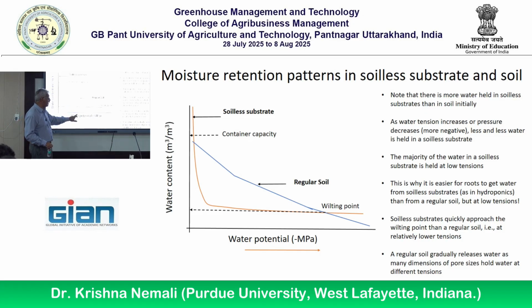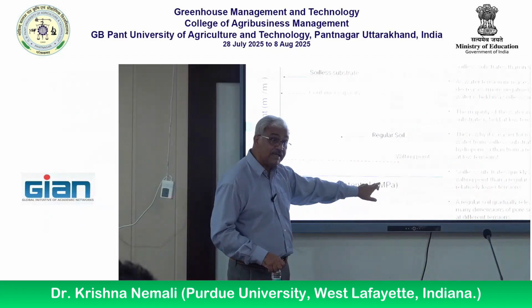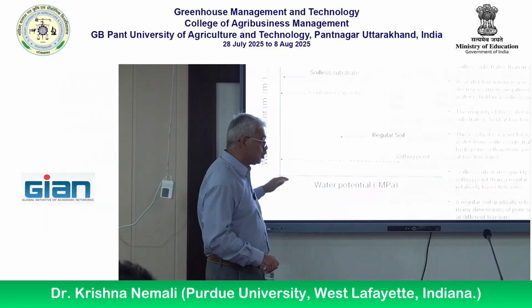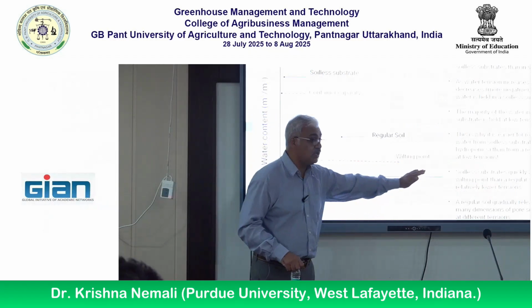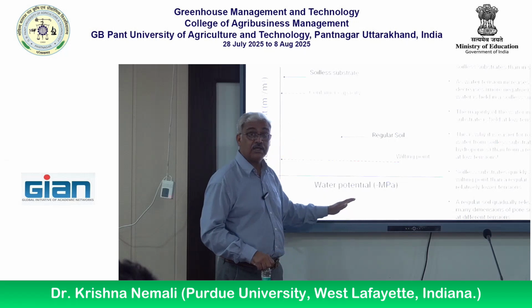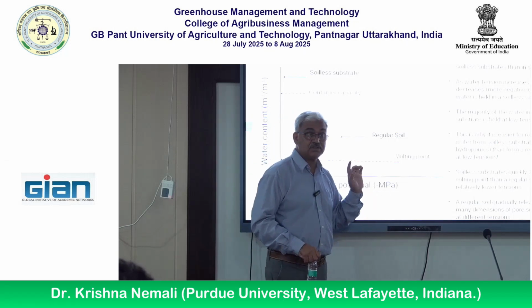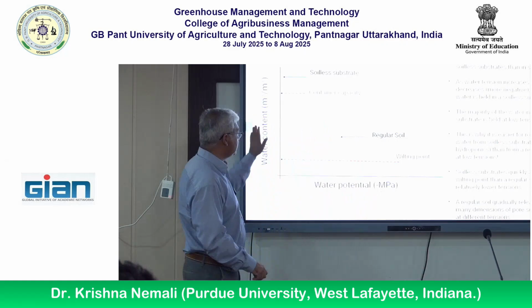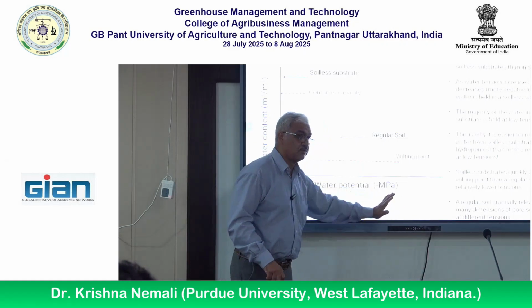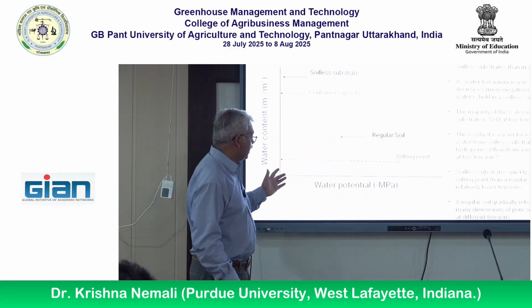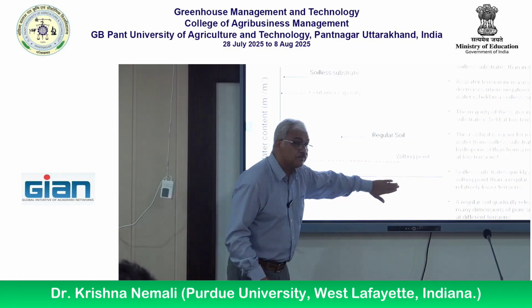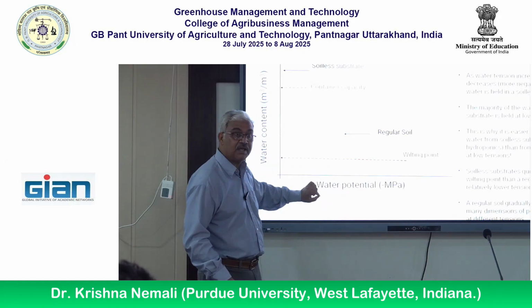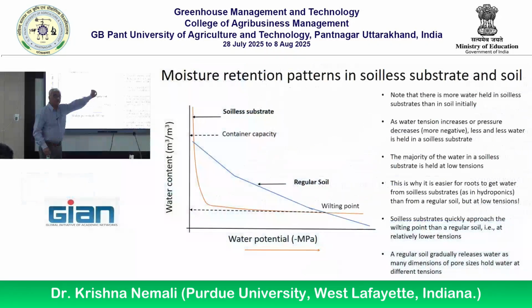And in this particular axis, I am showing a negative water potential, meaning as you are going from here to here, it is not increasing, it is decreasing. Just remember that, okay? Water content and water pressure. So I can completely erase this water potential term and I can simply say rate of drying, as an analogy.